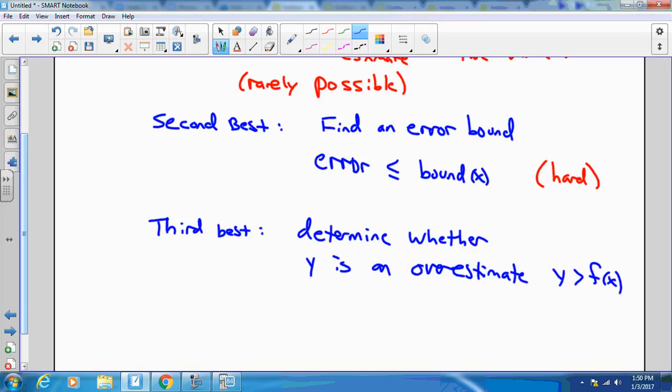By an overestimate, what I mean is that my estimated value is too high. Or in other words, that the value that I got from the tangent line y is bigger than the actual value f of x.